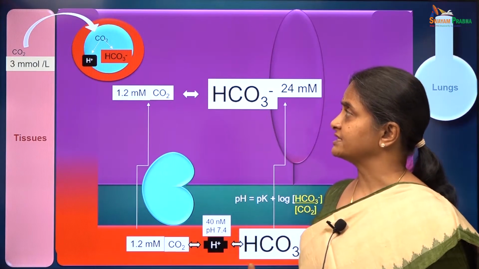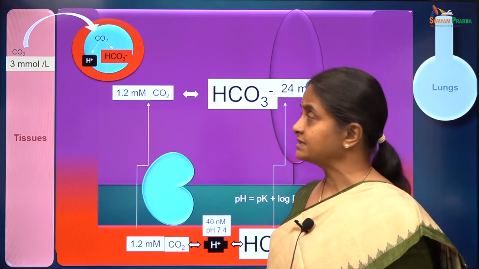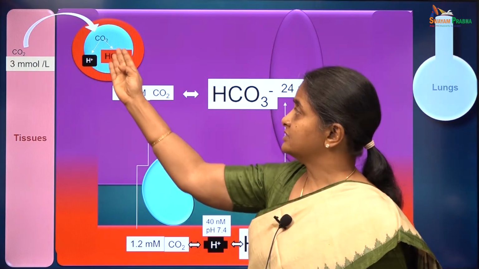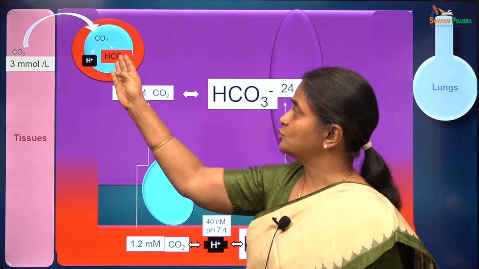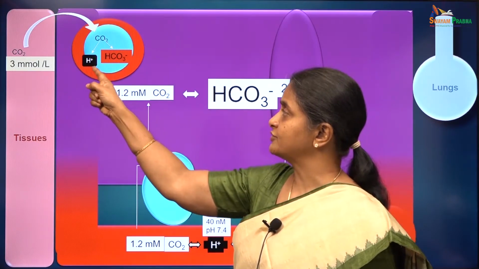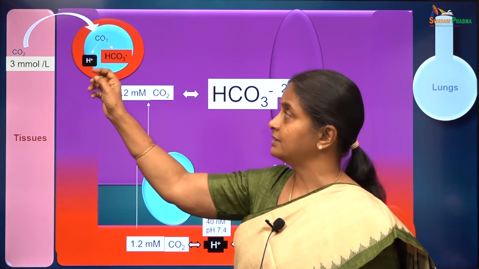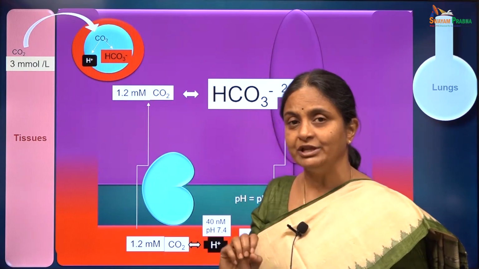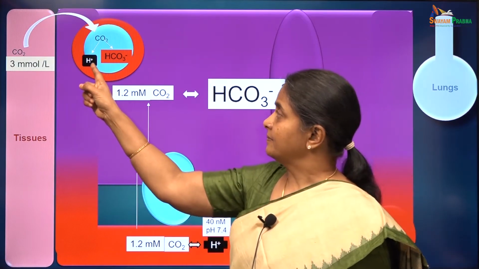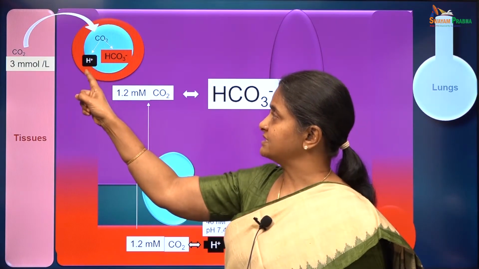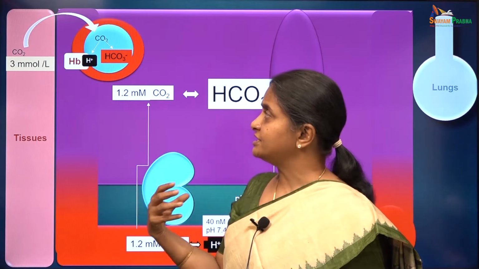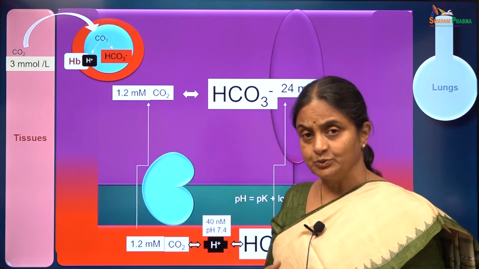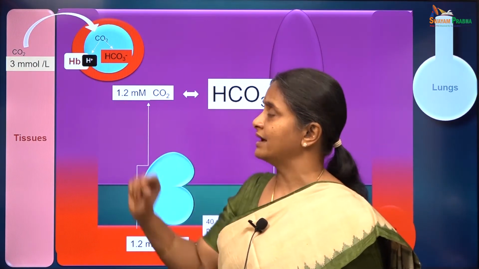Most of the carbon dioxide enters red blood cells, where this very same reaction that we didn't want to happen in plasma, because the free protons will be problematic, is accelerated within red blood cells due to the presence of carbonic anhydrase. The protons which are formed as a result do not change the acidity of red blood cells as well, because they are bound by hemoglobin.